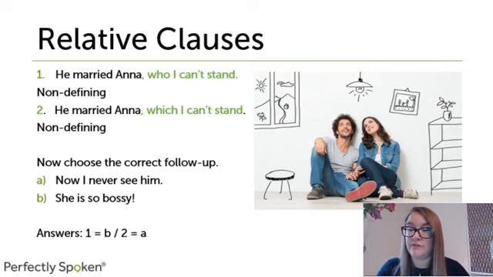Here, if you look at the pronoun who in sentence 1, we're talking about the person, Anna. So the answer is B, she is so bossy. In number 2, which is talking about the situation as a whole. Now I never see him, again referring to the situation. Well done if you got those correct.